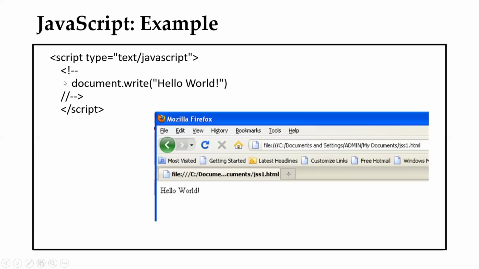Then the simple output command document.write. The document.write is a simple command to display hello world. The entire script can be placed in the body element in the HTML document. That will show the hello world text in the browser.